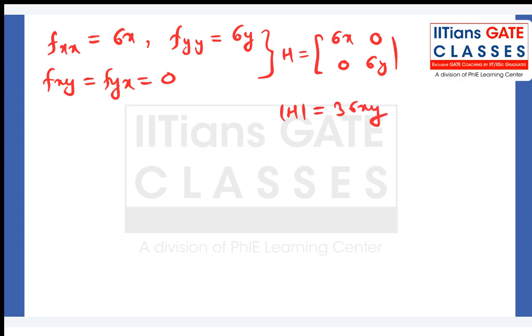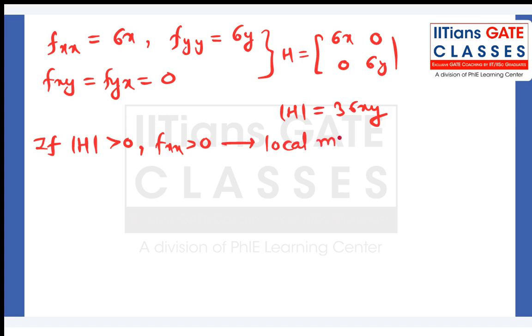Okay, and then what you are supposed to do here is, at each and every critical point, check the conditions. I'll just give you the standard thing. If the determinant of H is greater than 0 and f_xx is greater than 0, then that critical point is a local minimum.